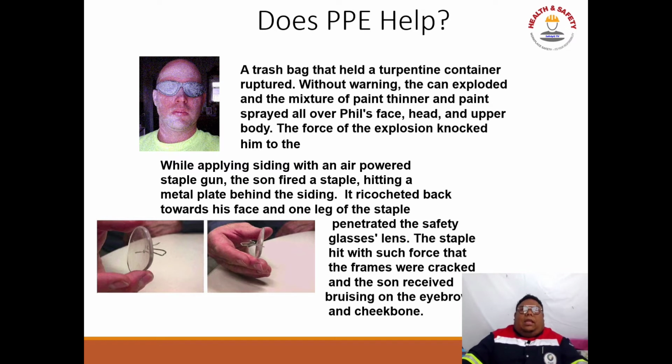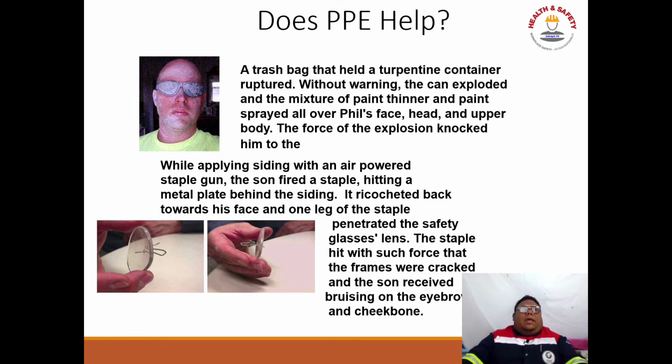Because the painter did not use the proper face protection during the painting. He was supposed to have a full face mask with respirator, and an apron to protect his body. But see, when the paint exploded, the paint spilled on his face and on his mask. That's why this is very, very poor safety behavior.